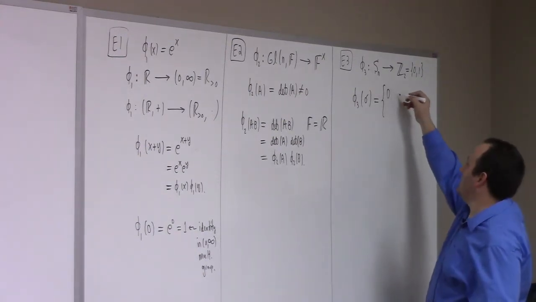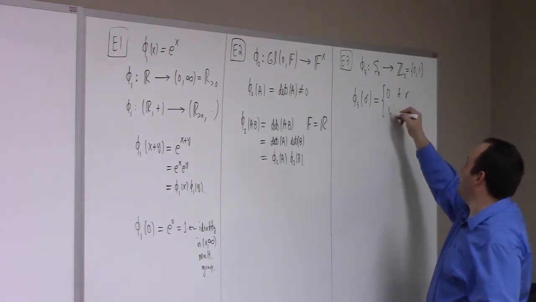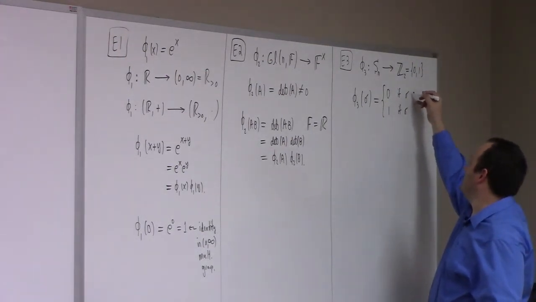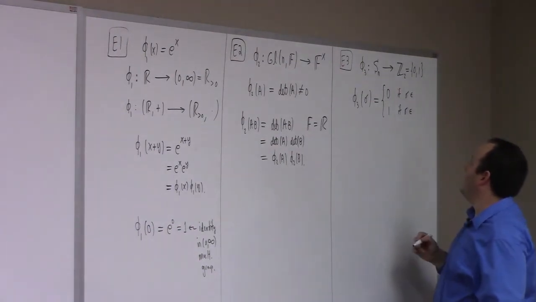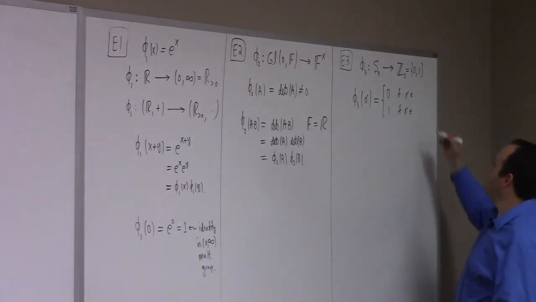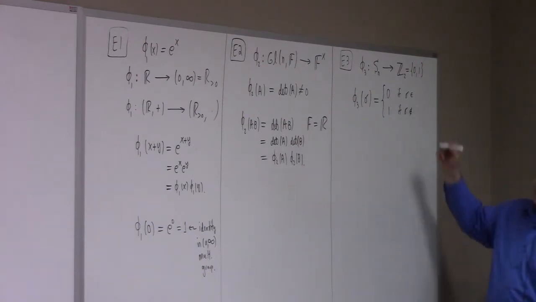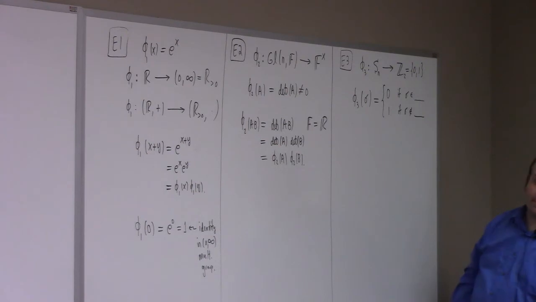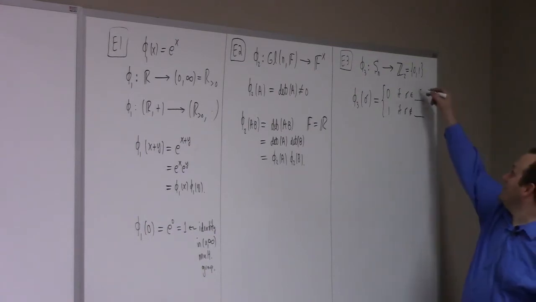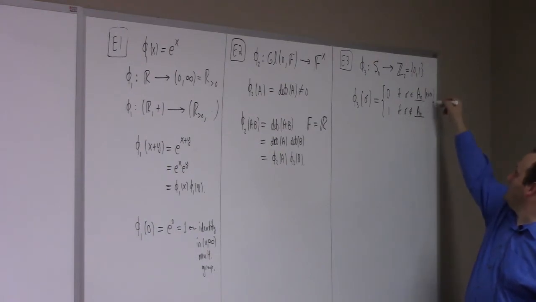It's going to be 0 if sigma is, and 1 if sigma is what? Fill in the blank for me. I'm dividing the symmetric group into two pieces. What are the two pieces I'm probably using? Even or odd, right? So the alternating group or not in the alternating group. In other words, even or odd.